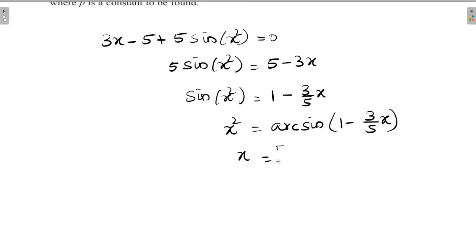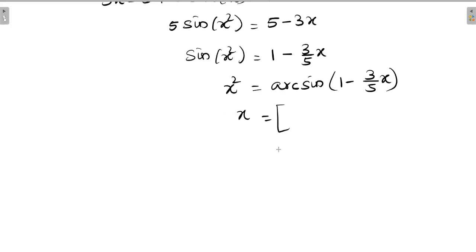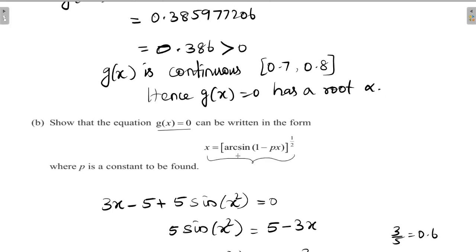We have to show the answer as power 1/2. So let us write this 3/5 can be written as 0.6. So arcsin of (1 − 0.6x), the whole power 1/2. We have shown this is the answer we have to write in the form.